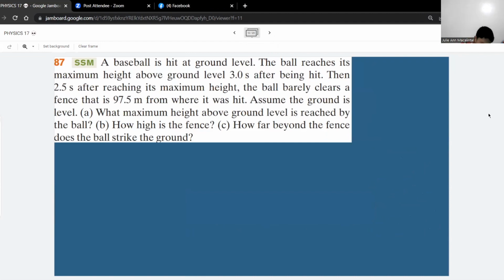Where's my solution? Seconds after. .5 meters.